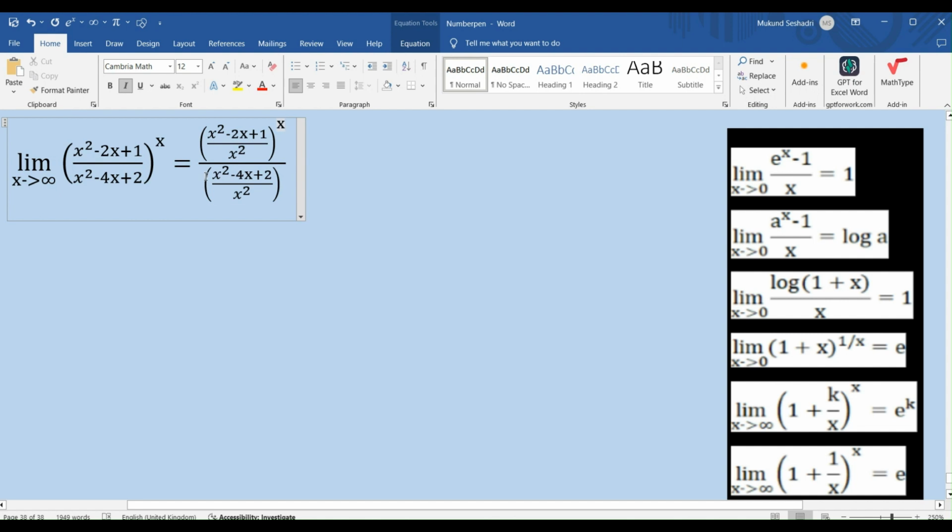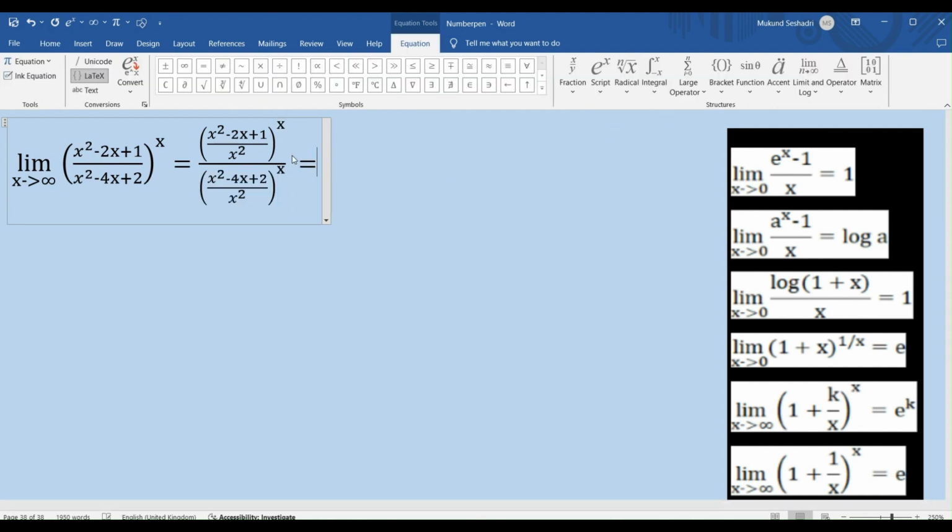And I do this for the denominator as well. So there we have our revised expression. We have x square minus 2x plus 1 divided by x square, the whole power x in the numerator, and we have got x square minus 4x plus 2 divided by x square, the whole power x in the denominator.